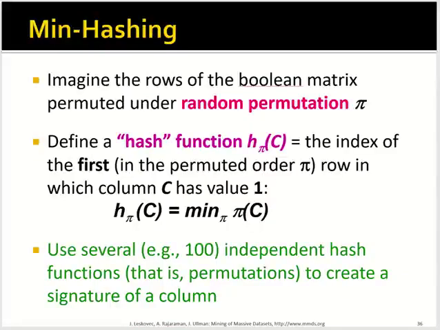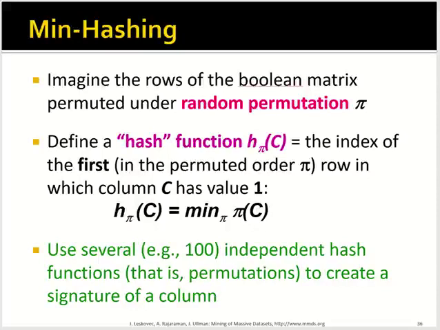Min-hashing is this: imagine the rows of the Boolean matrix permuted under a random permutation pi. We define the hash function as the index of the first row, in the permuted order pi, in which column C has the value 1.